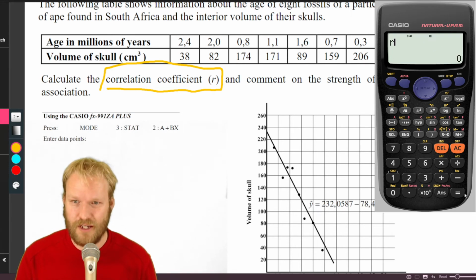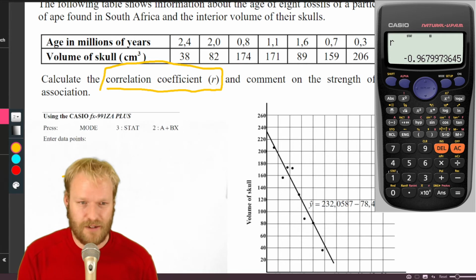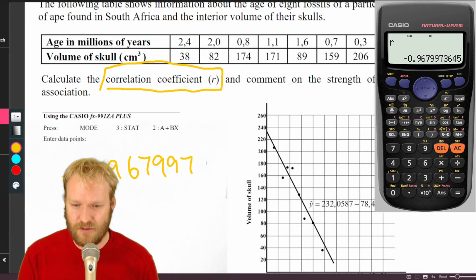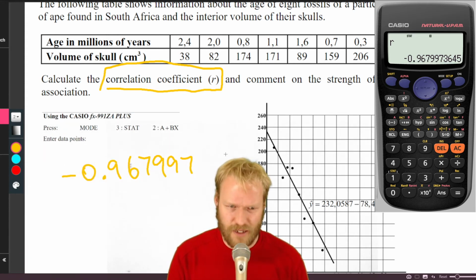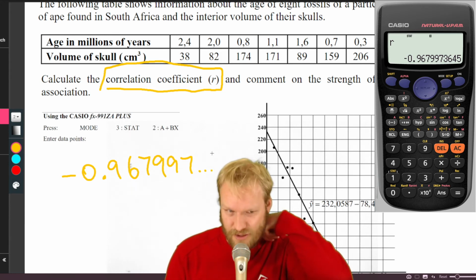So R is 3, we press equals, and it tells us -0,967997, and let's round off over there. But you do need to round off to quite a few decimal places, because you don't want to round this off to -1, implying it's perfect. You might give quite a few decimal places, or just put dots. It carries on for a while.